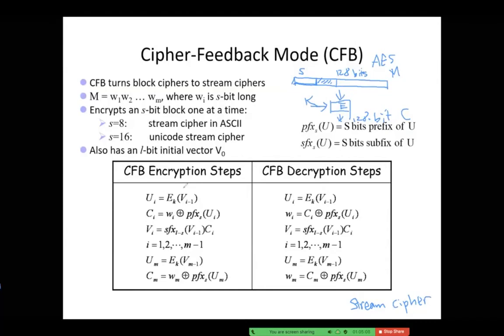We encrypt the initial vector, and I'll call the result U sub I. This is an S-bit prefix, so we get the prefix here, and then your block goes in here. Let me draw it better.